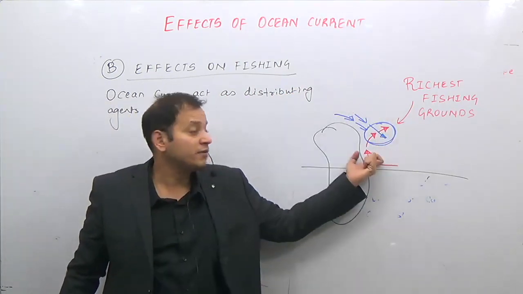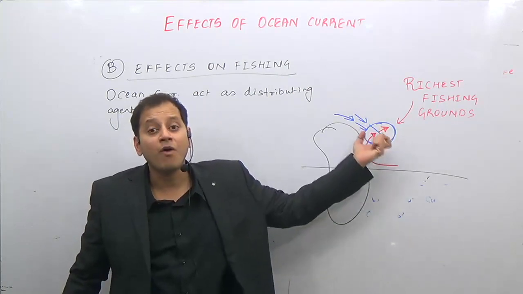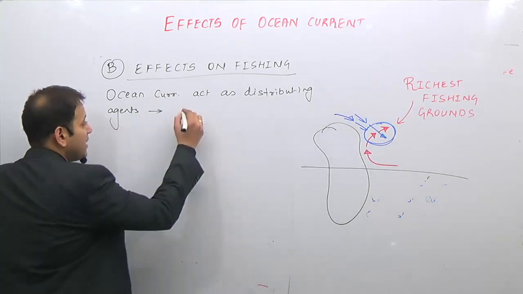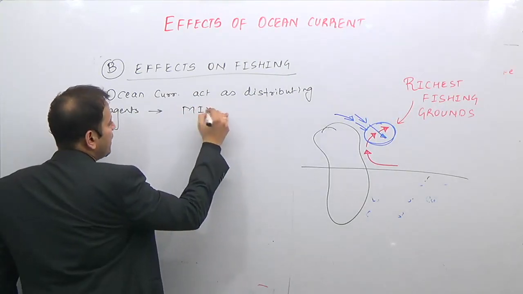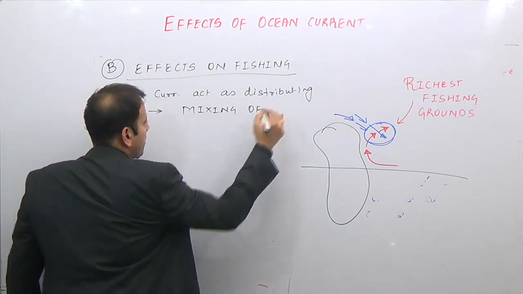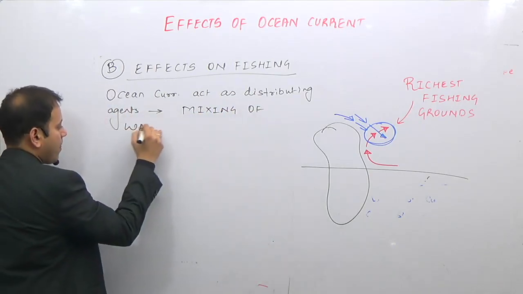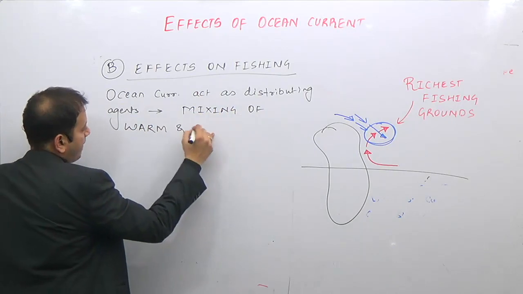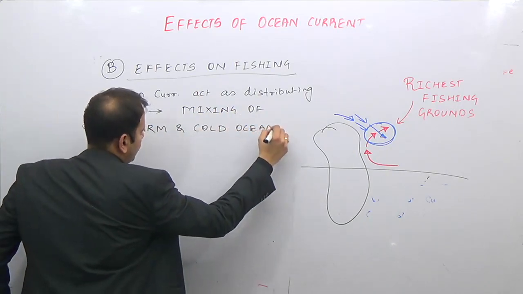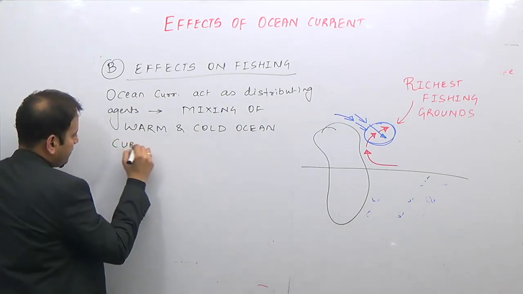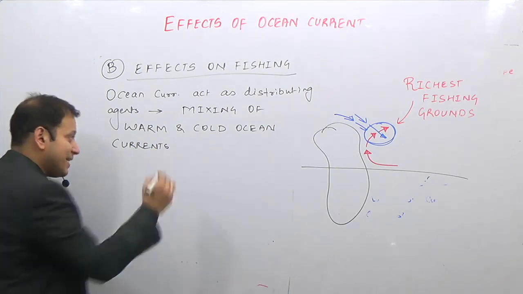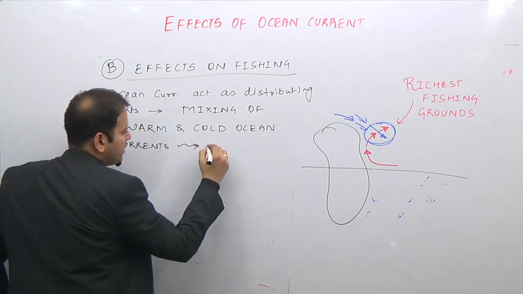The warm ocean current will bring the warm nutrient-rich water upwards. And the areas of mixing of warm and cold ocean currents are extremely rich in nutrients.